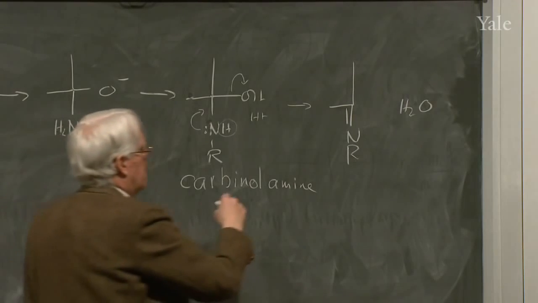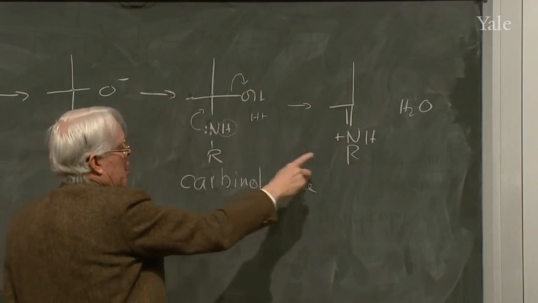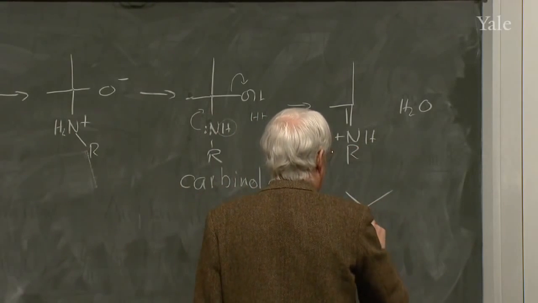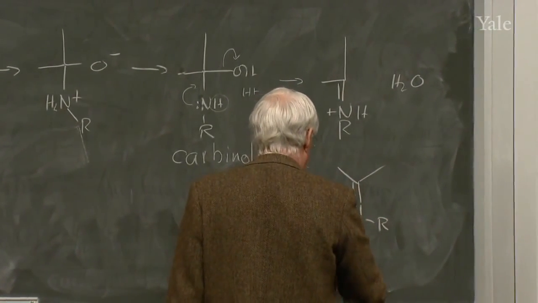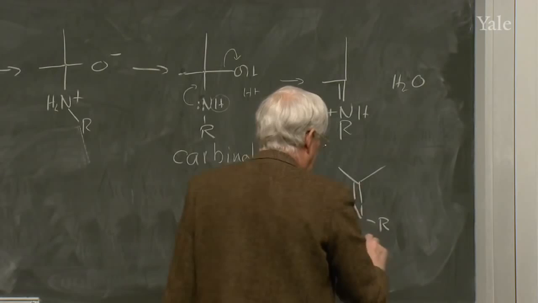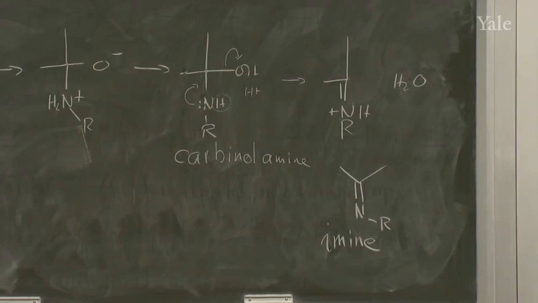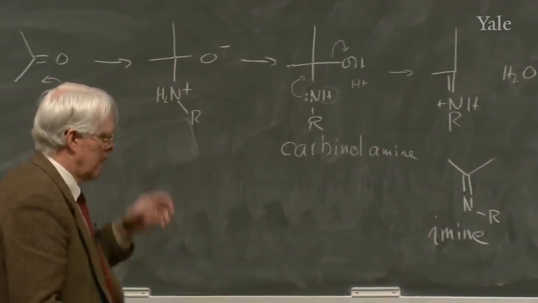Okay, pardon me, it would be originally NH plus when we use the unshared pair, but then we can lose the H plus. So now we have this functional group, which is called an imine, right? Which is rather like a ketone, right? So we got rid of the oxygen and replaced it with NR, and the oxygen became H2O by this same kind of stuff we've been doing, right?